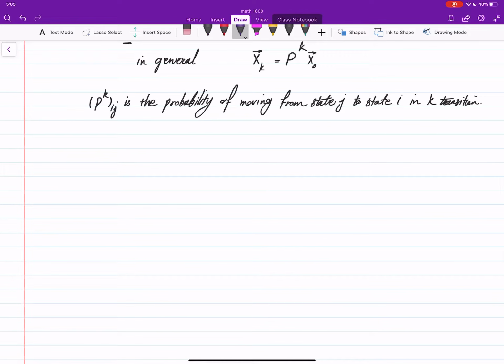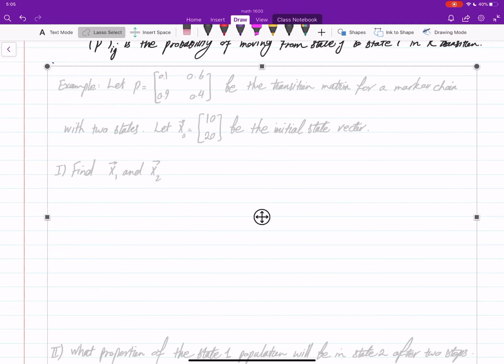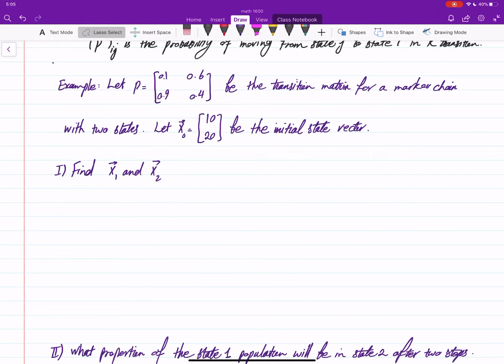Let's do some examples. I have one example actually, and that will show us a little bit more. So here we have P, the transition matrix, with entries 0.1, 0.6, 0.9, and 0.4, and x0 is 10 and 20. Then we can find x1. x1 is just P times x0.